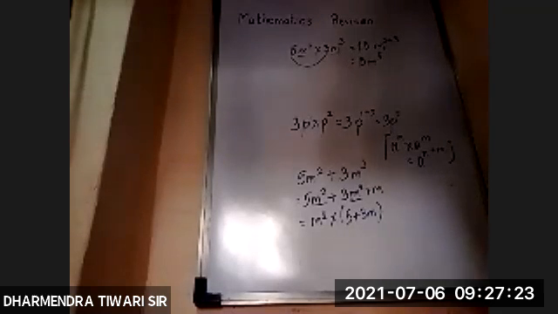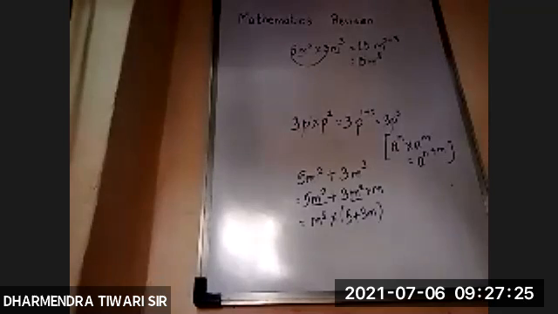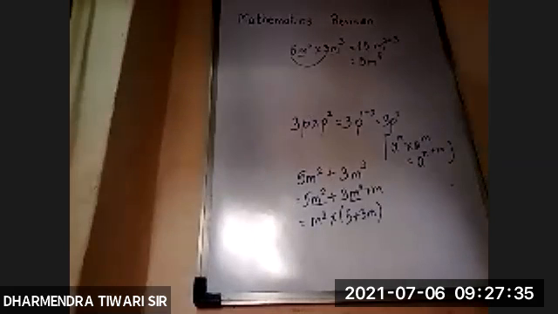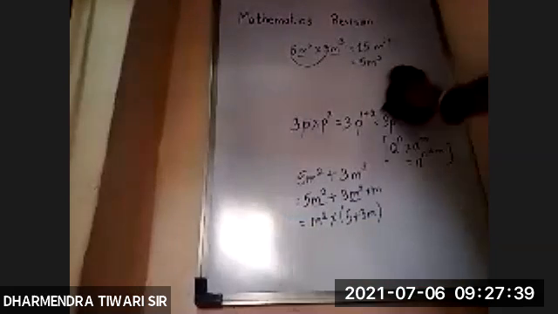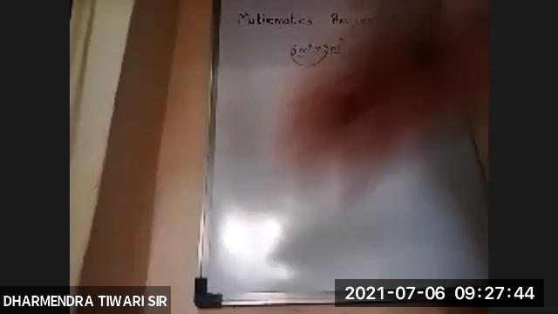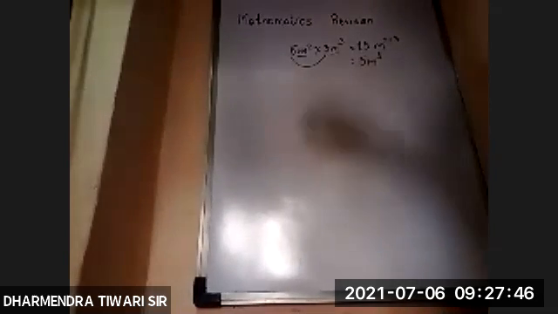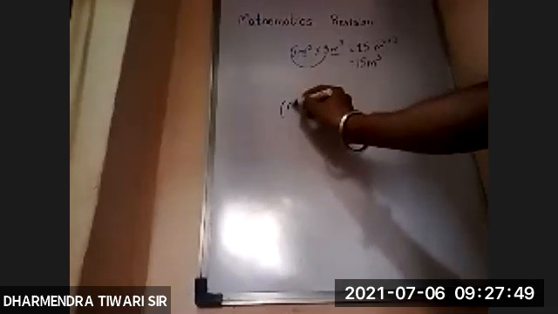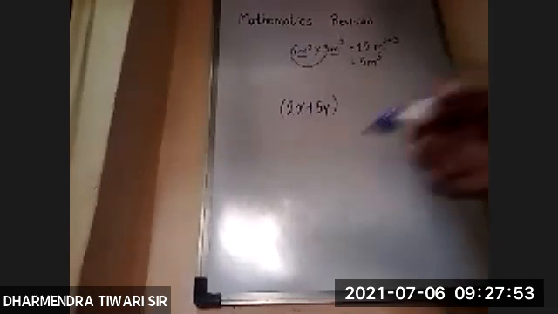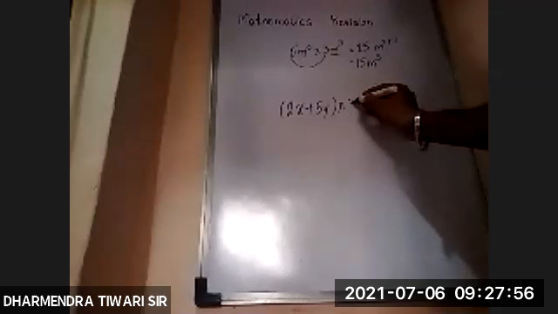Let's take some other example. The next example is 2x plus 5y multiplied by 3 by x.